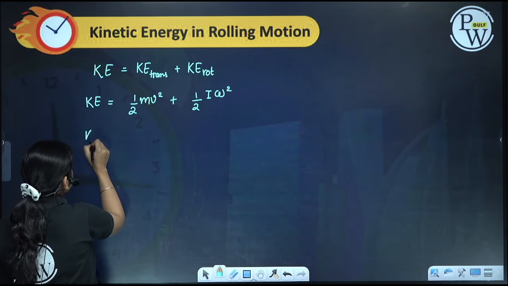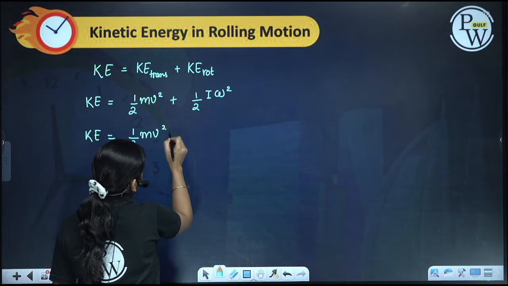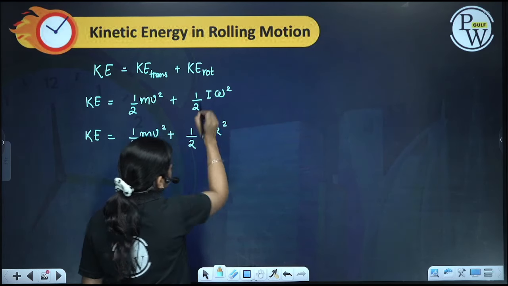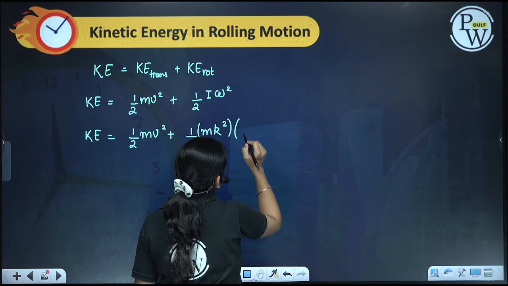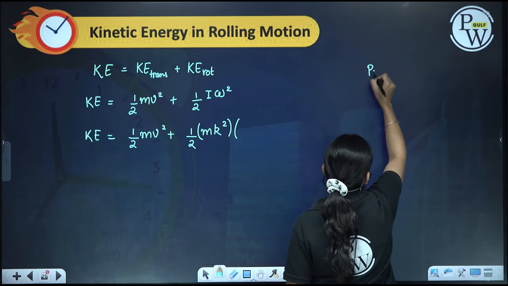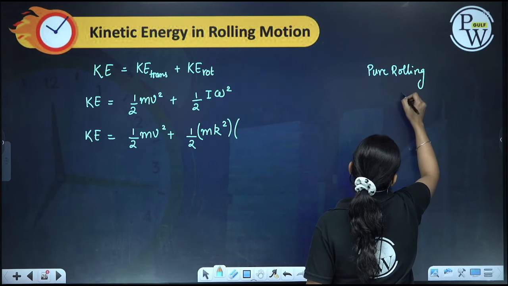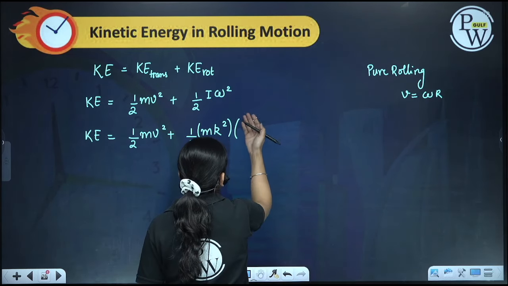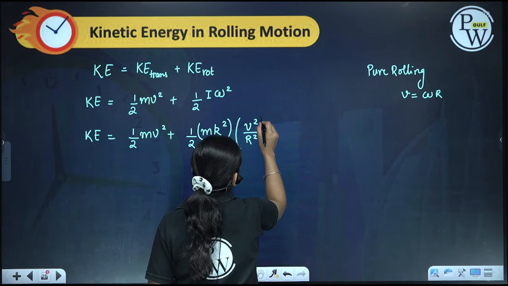So kinetic energy will be half m v square plus, we can write I as mk square, and for pure rolling v will be equal to omega r, so omega will be v by r, so we write it as v square by r square.